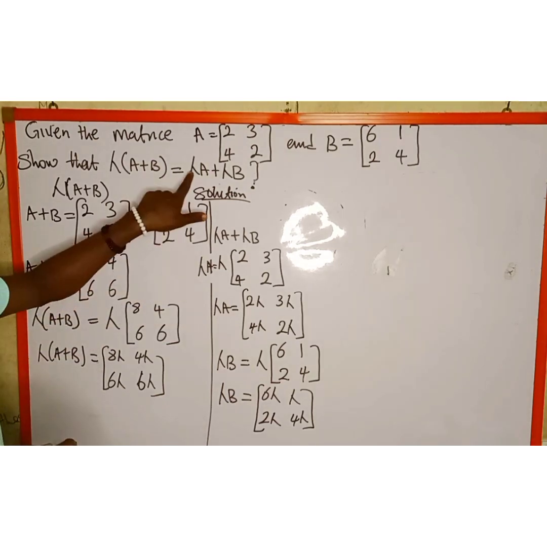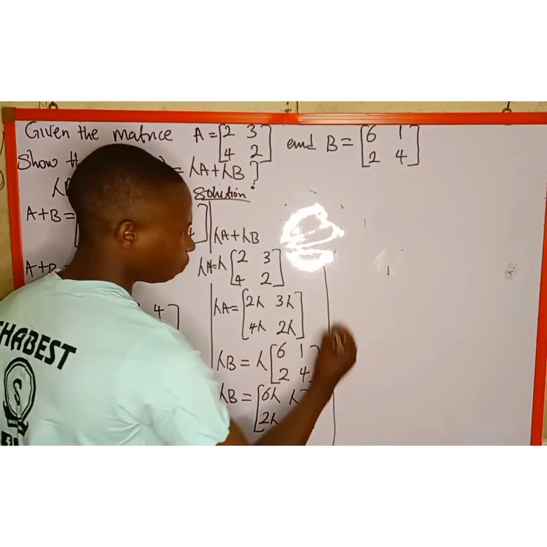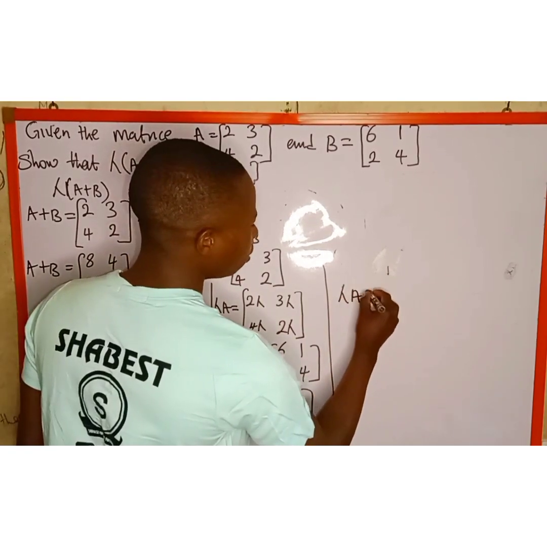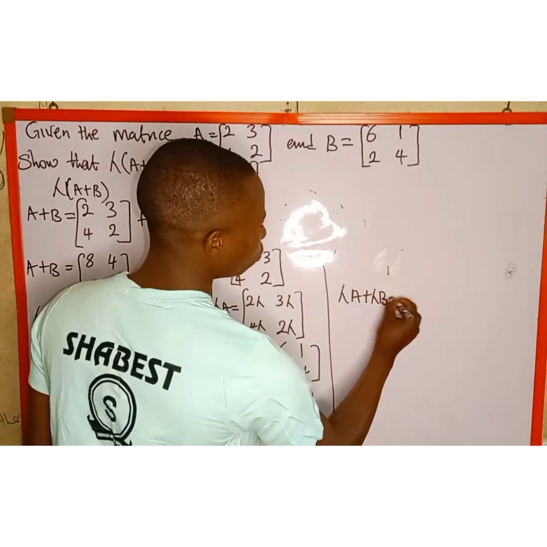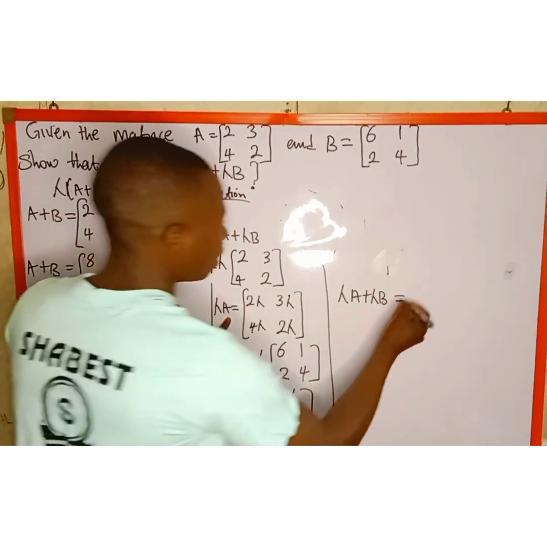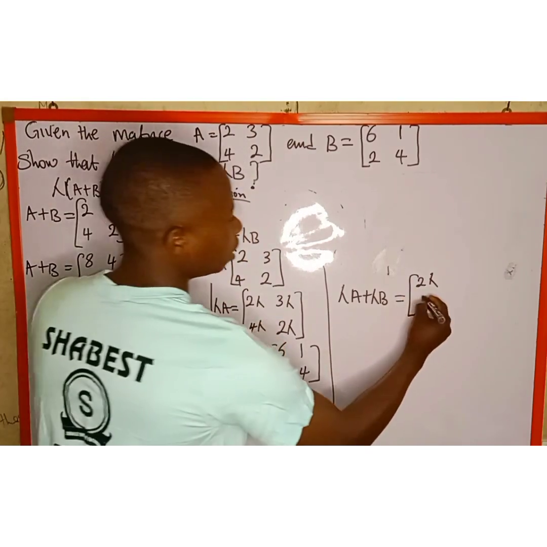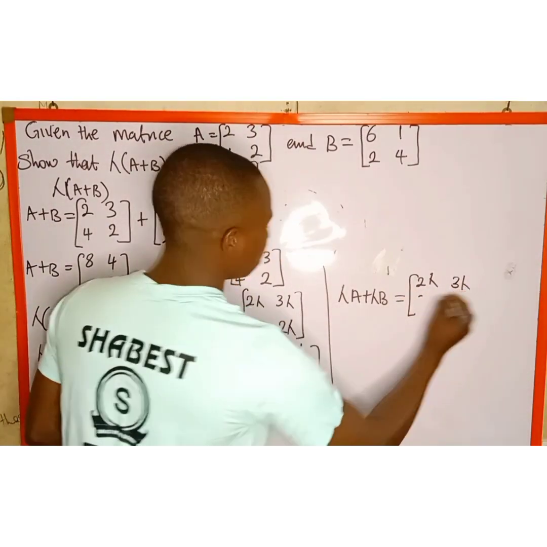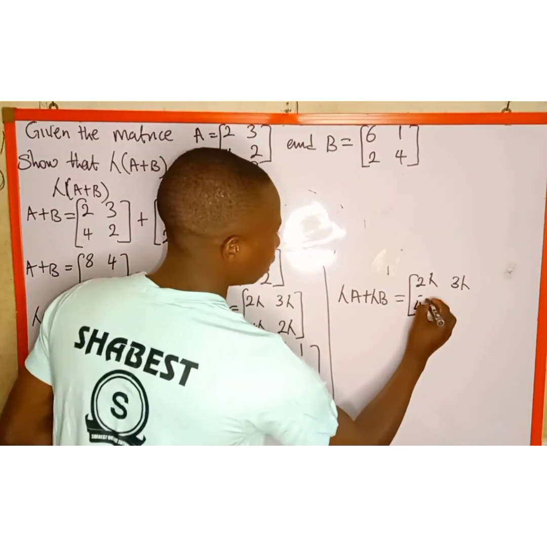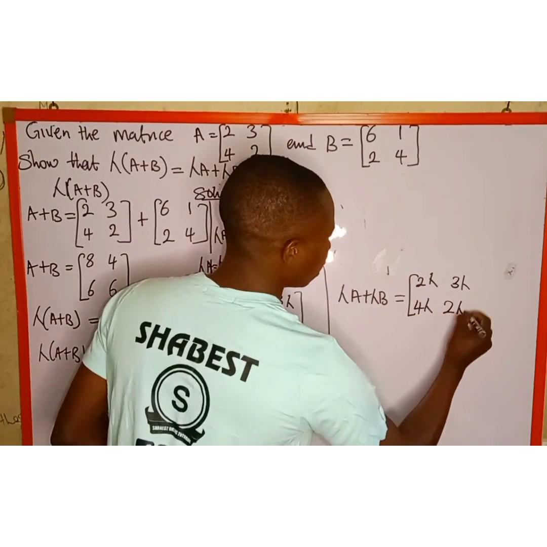The next thing to do is to add lambda A and lambda B. So lambda A plus lambda B will be equal to, the elements of lambda A are 2 lambda, 3 lambda, 4 lambda, and the last one is 2 lambda.